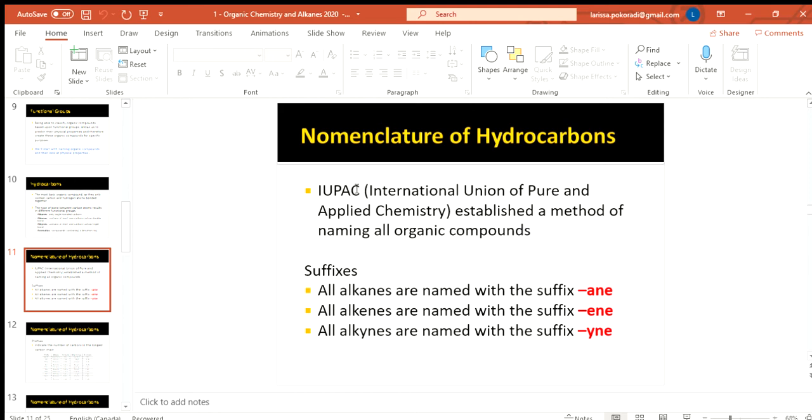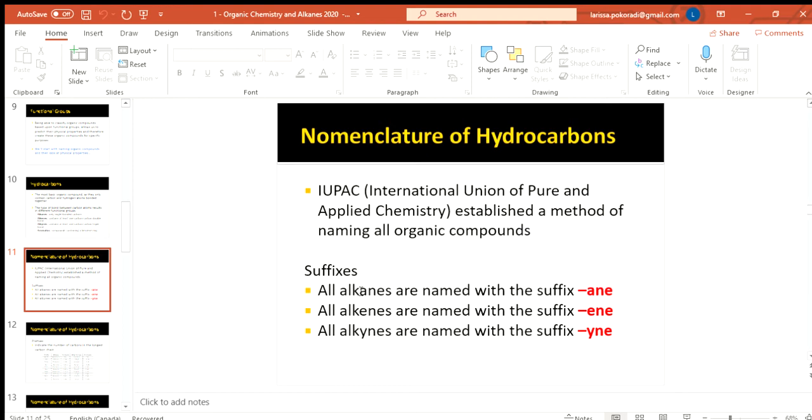So one of the big points about it is what we were going to end the name with, the suffix. If we have all carbon-carbon bonds that are singly bonded, alkanes, we'll learn about what the entire start of the name is, but at the very end, the last 3 letters will be ane.